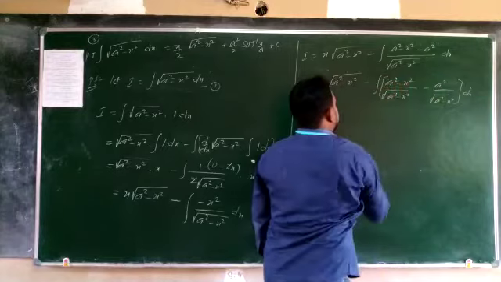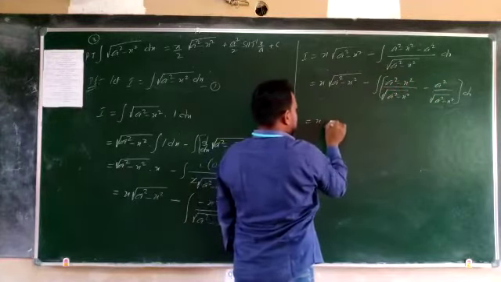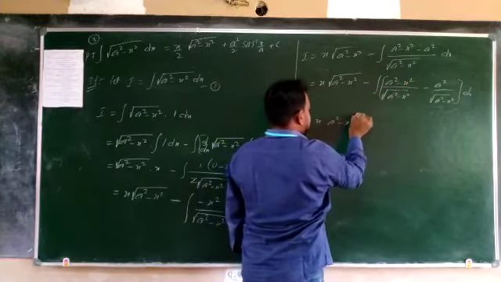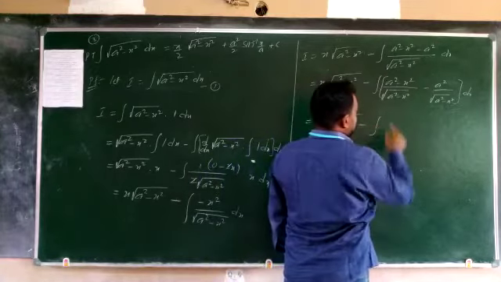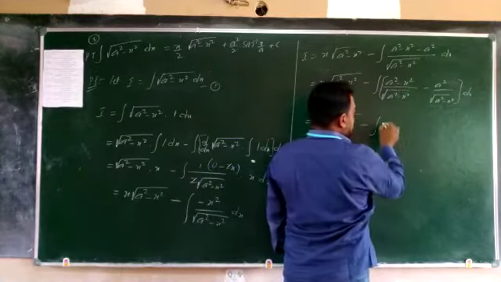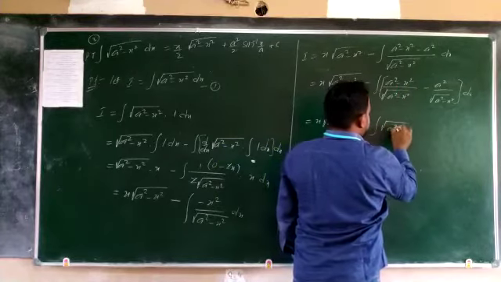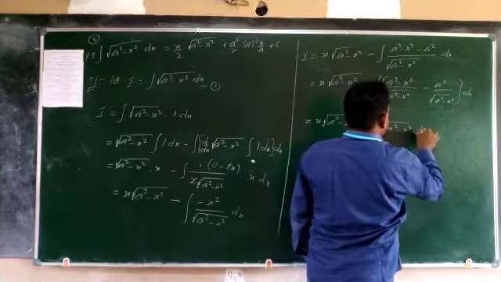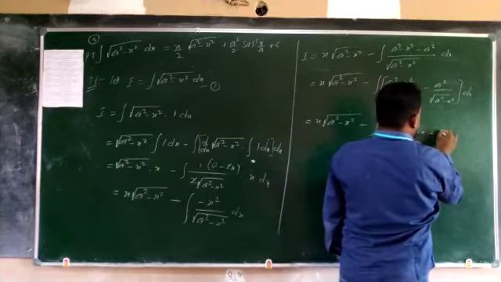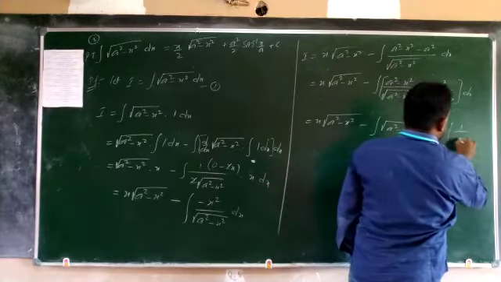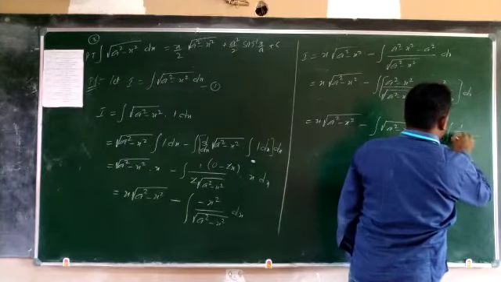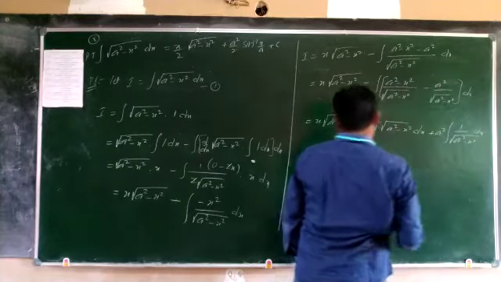Right? Now this is equals to x into under root of a square minus x square, minus integration of, root x by root x is root x, so square root of a square minus x square into dx. Minus into minus plus a square, constant before integral, so integration of 1 by under root of a square minus x square into dx.